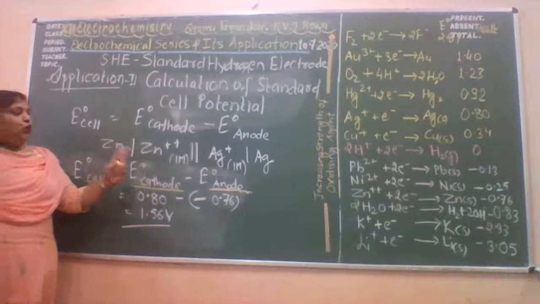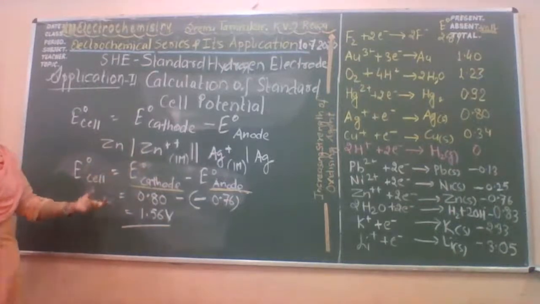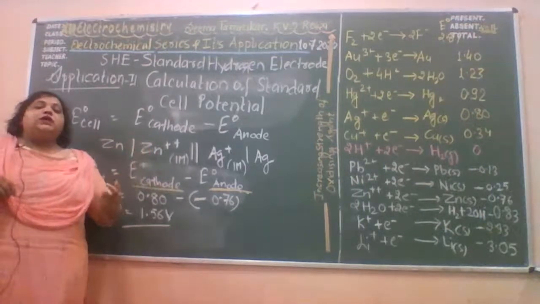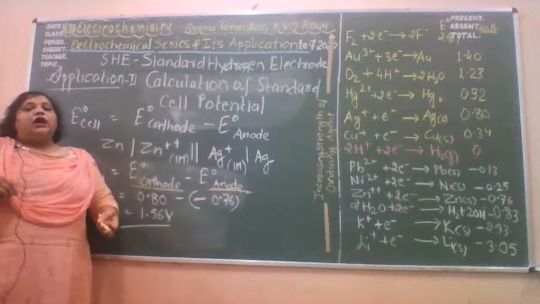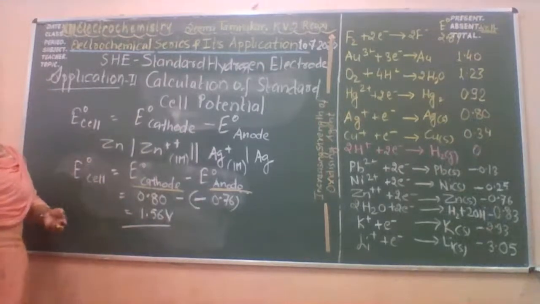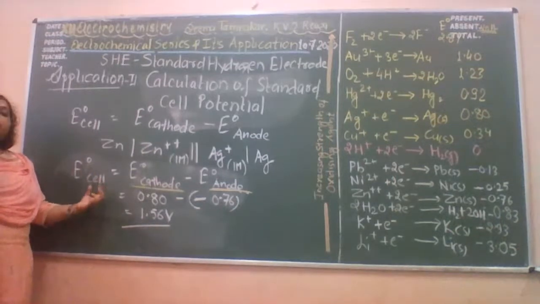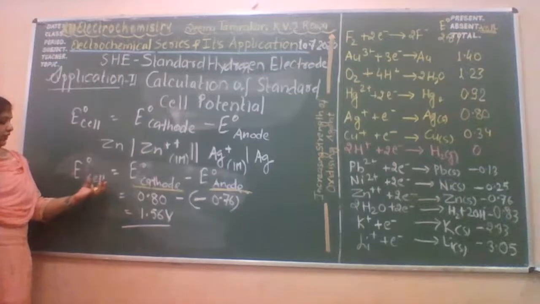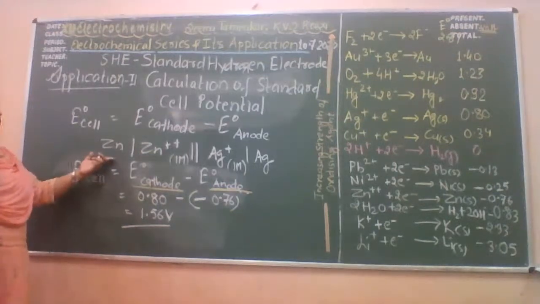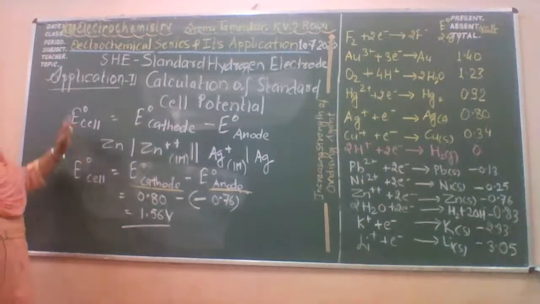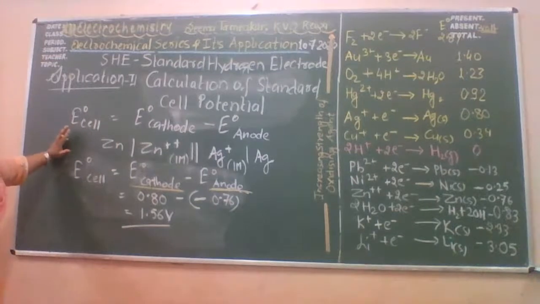So here two things you have learned from this one particular example, right? First, you can identify which element should be used as the cathode and which as the anode. And you can calculate the value of the standard electrode potential. For this purpose all this exercise is being done. So this is the second very important application of the standard electrochemical series.